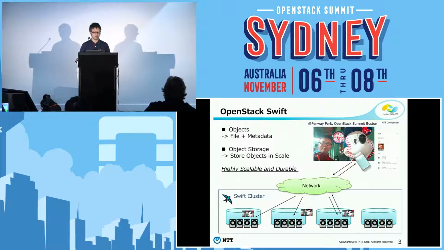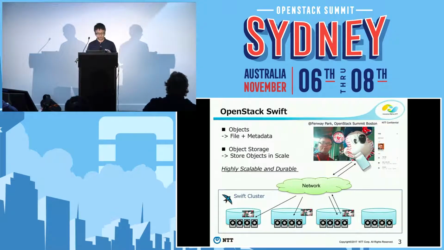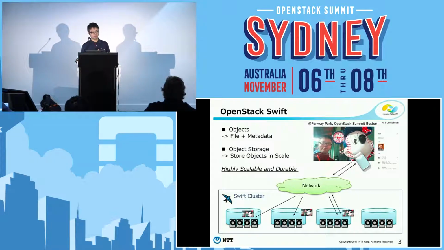Especially OpenStack Swift is great because it is highly scalable and durable. If you want more volume or performance, you can attach common hardware to scale, and OpenStack Swift stores your objects several times, which avoids data loss from disk drive failure.